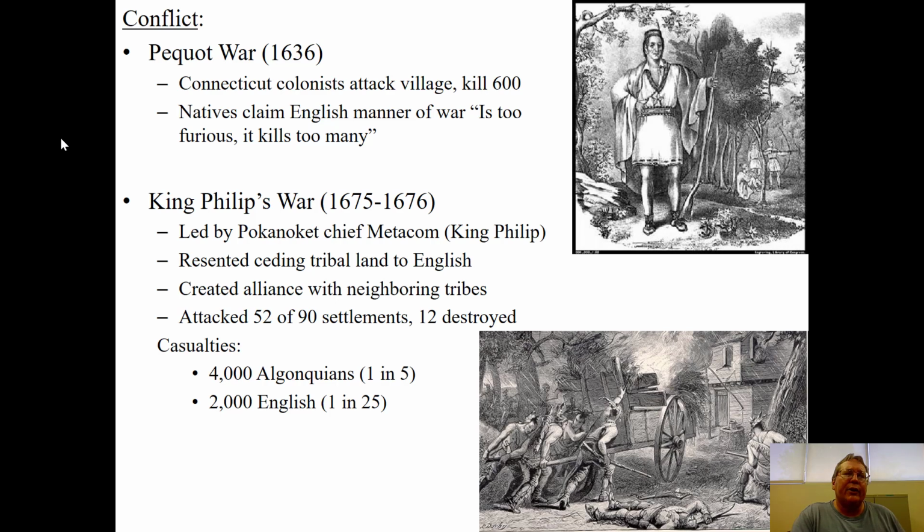And one of the leaders of those tribes, a person named Metacom, has kind of seen the handwriting on the wall here. He sees that the English just keep taking over more and more, and no matter how much land they get, they always want more, and there's no stopping them. They constantly win. And at the same time, natives are being pushed off their land, being decimated by diseases. If this is allowed to continue, natives are going to be wiped out.